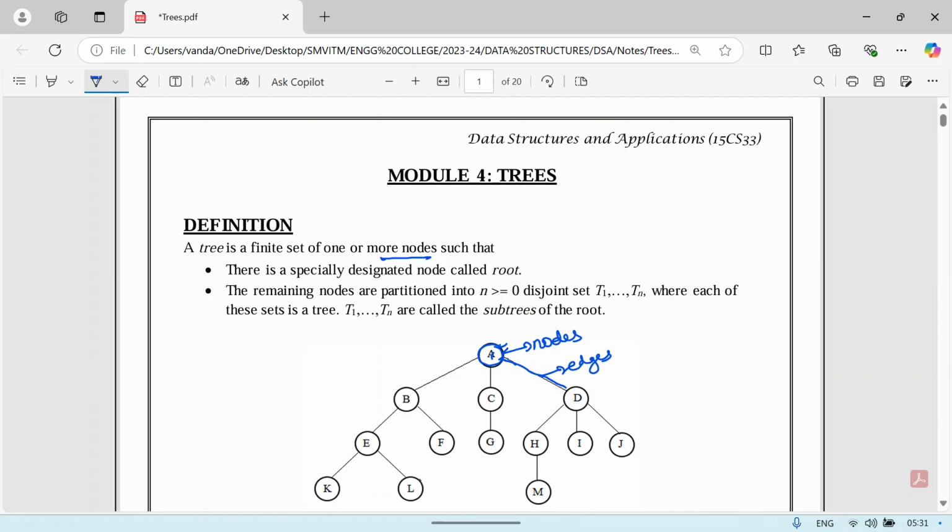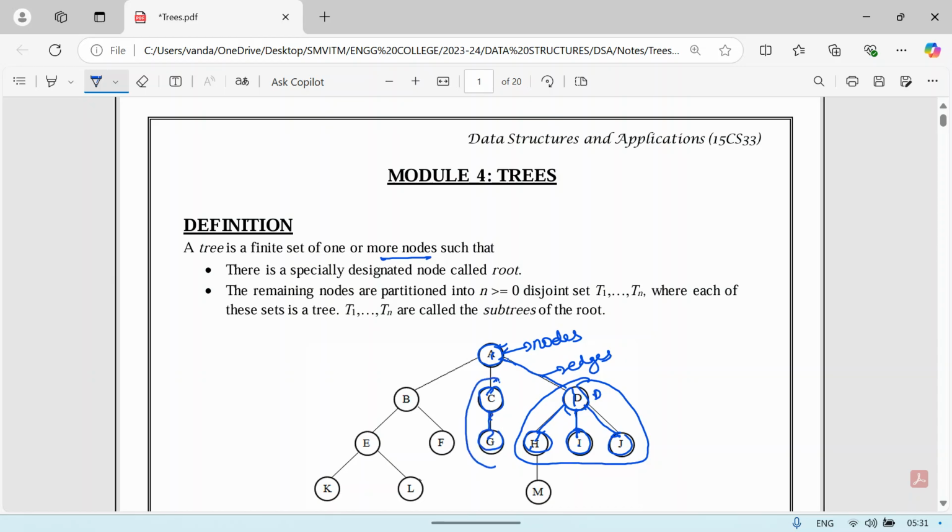And look at this. Here, for example, if I take this node D, again, some edges are there. And through the edges, again, you have some nodes. So you can consider this itself as one tree. Are you getting? This itself as one tree. And one more you can see here. See, this is a node, there is an edge and there is one more node.